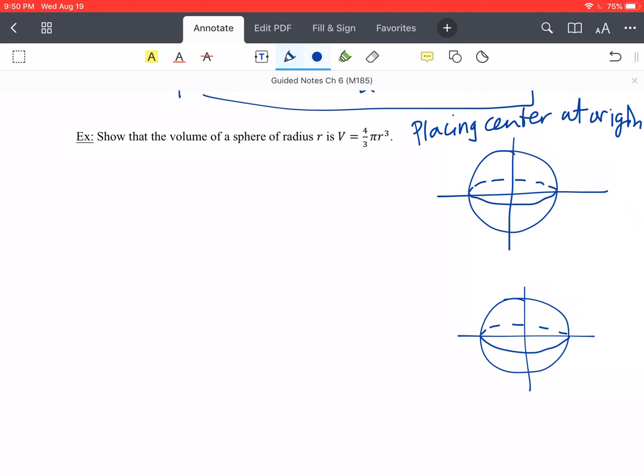So what we need to do is get a cross section of this. So if I get my paper, my knife, whatever, and I cut out a piece, what does that piece look like? Well, that piece is going to be a circle.